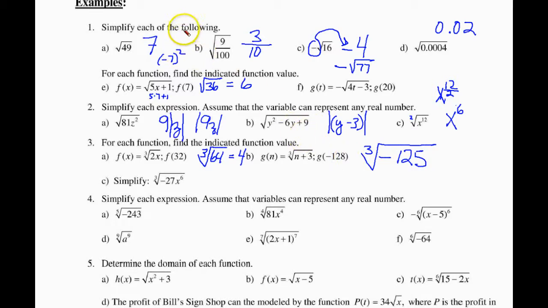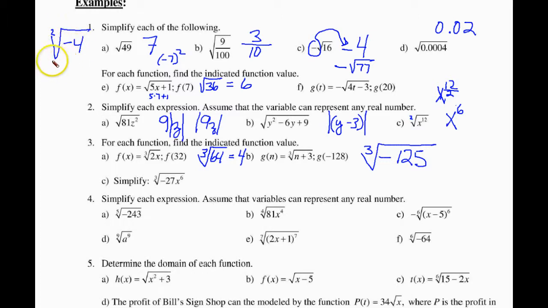Now, something they haven't shown us, but they will, I'm assuming, sooner or later, is that are we allowed up here, if we had, let's say, the square root of negative 4. Now again, our index number is 2. And you might say, is there such a real number that is the square root of negative 4?